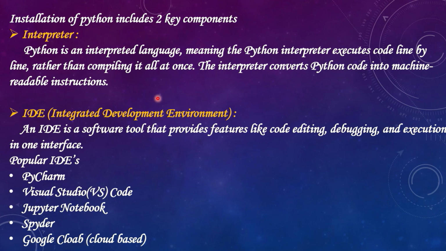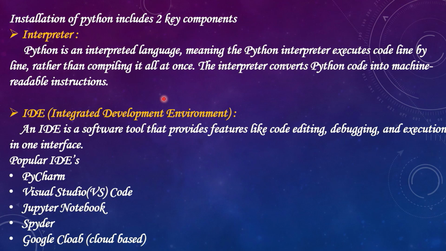Again, the same: it checks for errors. If no errors are found, it starts executing the second line. Once the execution completes, only then does it move to the third line. Again, the process repeats. Likewise, Python executes all the statements in your Python script with the help of the interpreter.